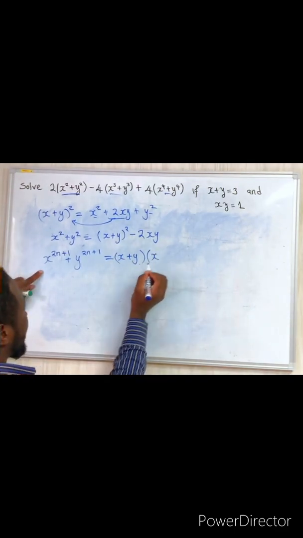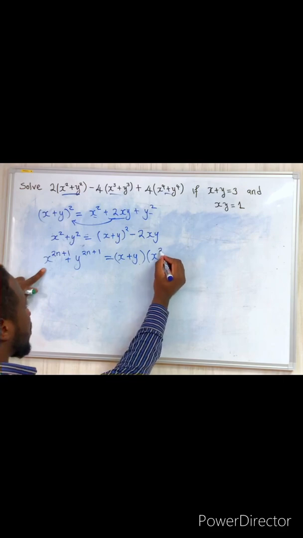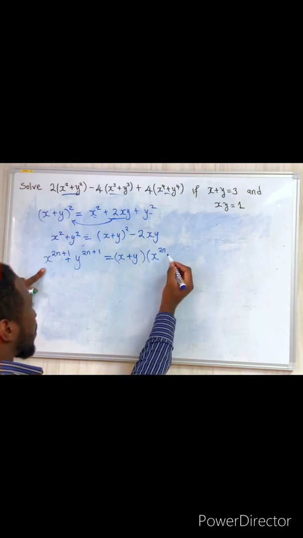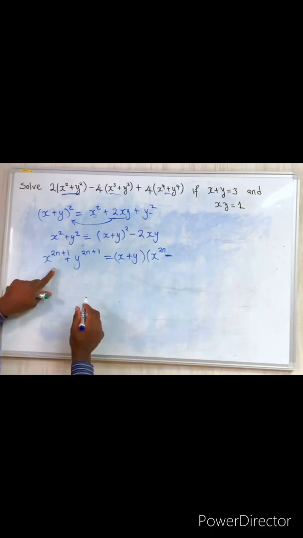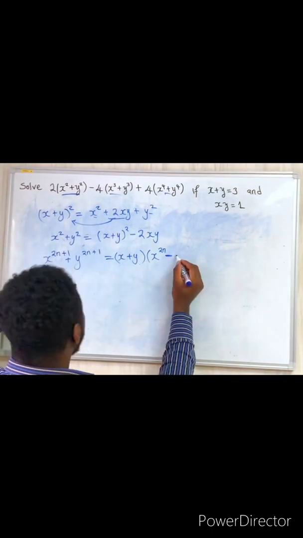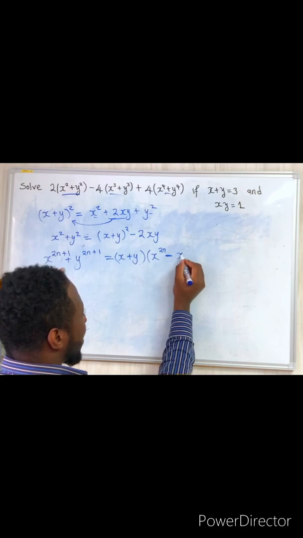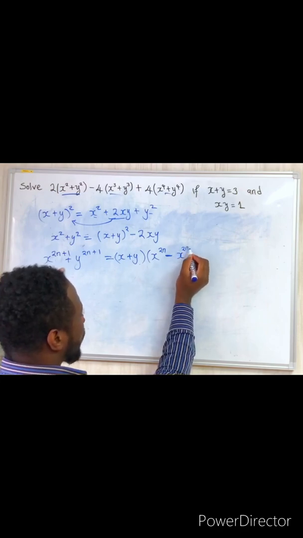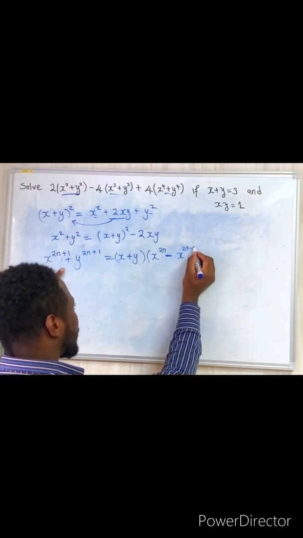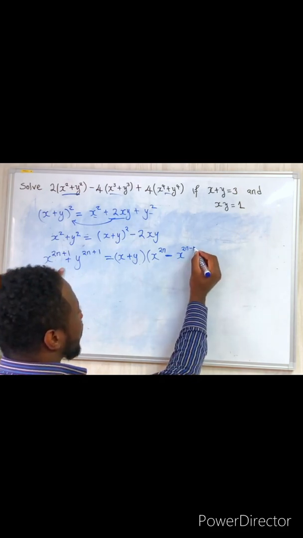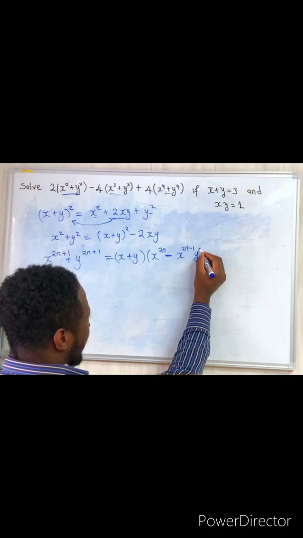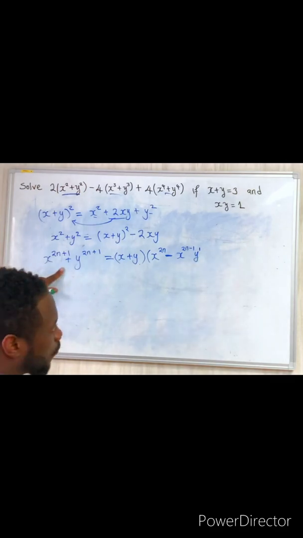The second time x shall just remain with 2n. Then what comes next is minus, since here you have plus, then minus x to the power 2n − 1, multiply y to the power 1.